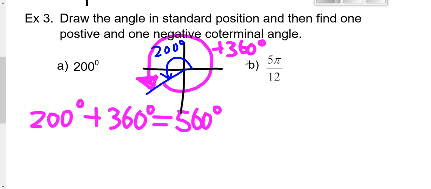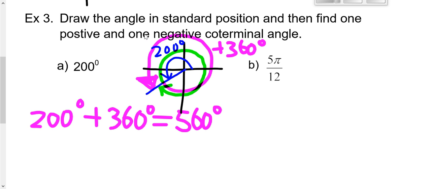Now let's do this. Start here again, but this time because it is negative, we go clockwise like this. Okay, it's not ending at the same spot. Now here we go, it ends at the same spot, and we just had one negative rotation.